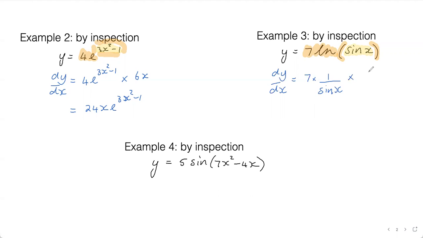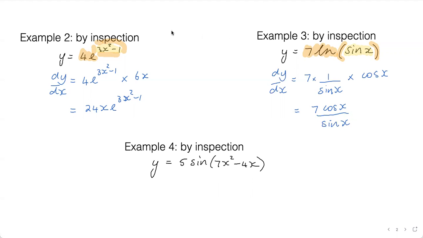Now I'm going to multiply by the derivative of the inside. Derivative of sine x is cos x. And then I'm just going to tidy that up. Now, these can both come into the numerator here. So 7 cos x over sine x. There we go, done.